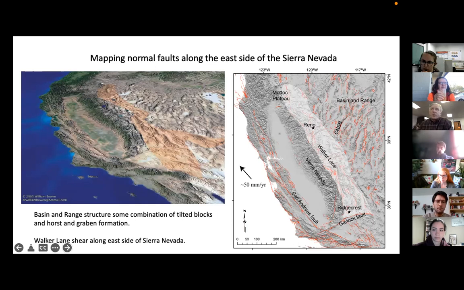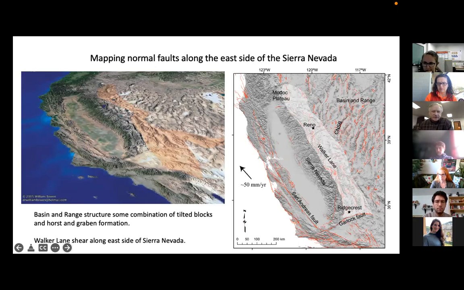Also, it can be really wide deformation in the hanging wall with a bunch of faults in quartz and gravels, but these can also be really small and hard to recognize in the landscape sometimes, and they can be distributed over several kilometers. So there are challenges in mapping normal faults.